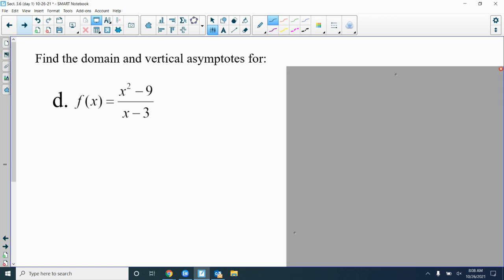That is a difference of squares, so it factors into x minus 3 times x plus 3, over x minus 3. Those will cancel, so you are left with f of x equals x plus 3.